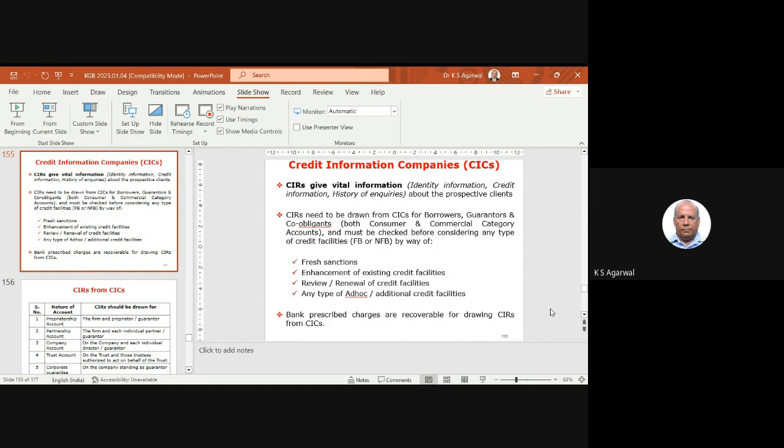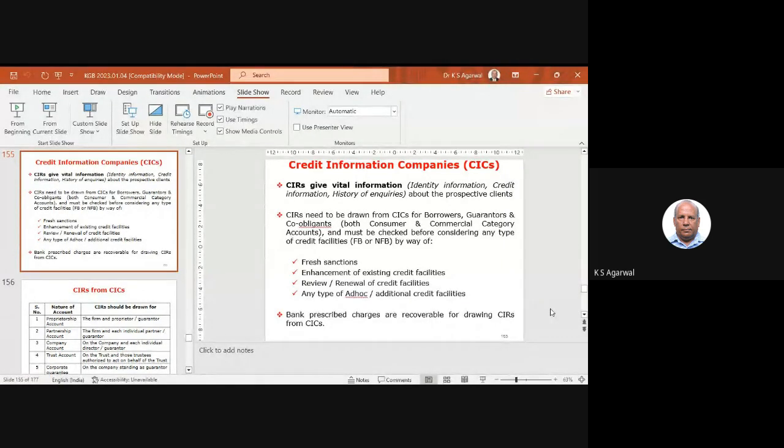Then history of inquiries. If the prospective borrower has approached many banks and credit card issuers, he will have a long history of inquiries. We will be guided by that this person is inclined to raise loans from multiple institutions.